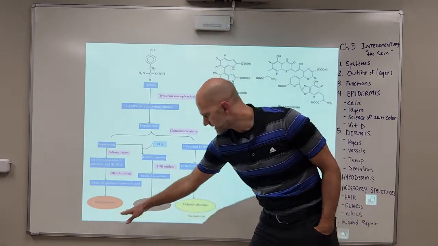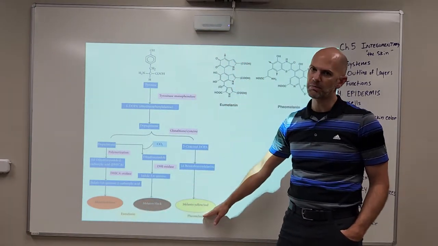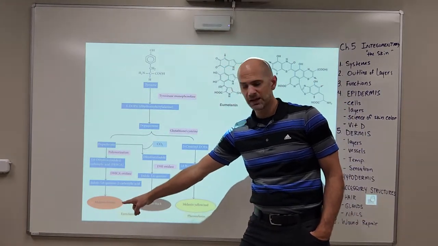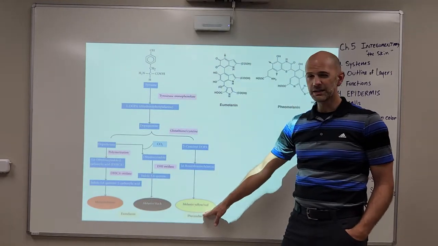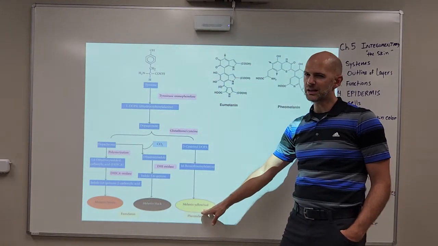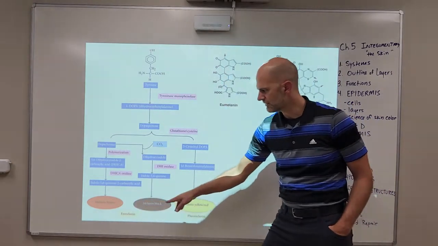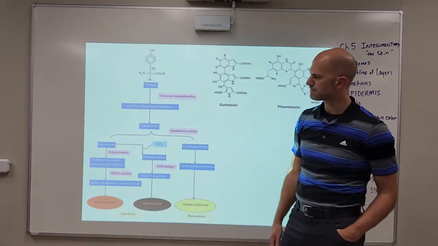There are two types of melanin that we can make, eumelanin and pheomelanin. Eumelanin is the more traditional dark brown to light brown, and pheomelanin is more of the yellowish and light orangish form of melanin. So there are two forms here, even though it shows three, these two kind of follow a similar family.